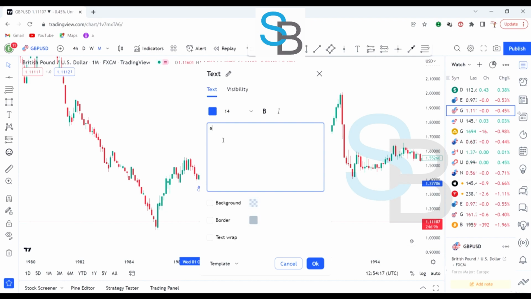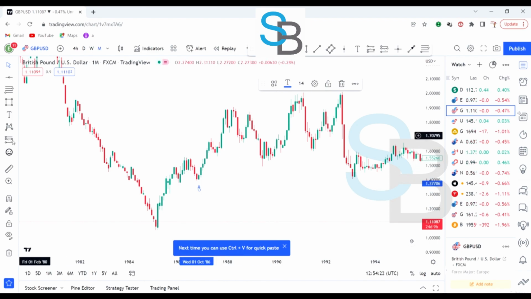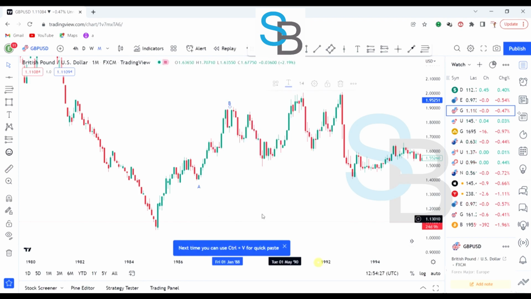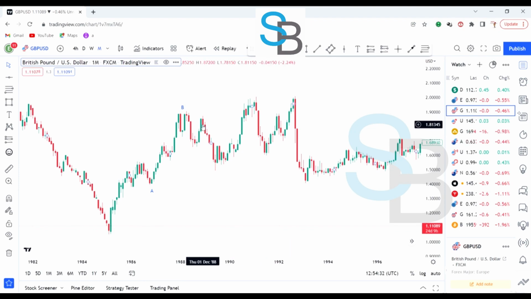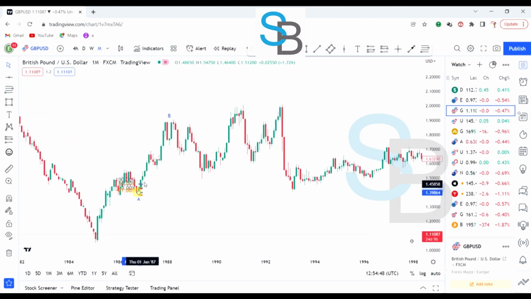So let's make this point A, and make this B. So this is point A and B. Now we are trying to get another point, which is point C, so as to enter for a continuation of the trend. All we then do is take our Fibonacci tool, click on point A, and then drag it to point B.